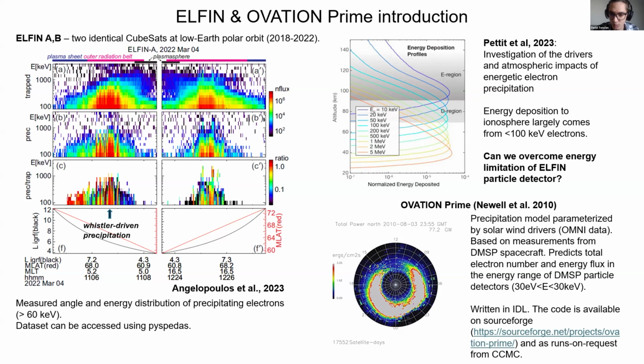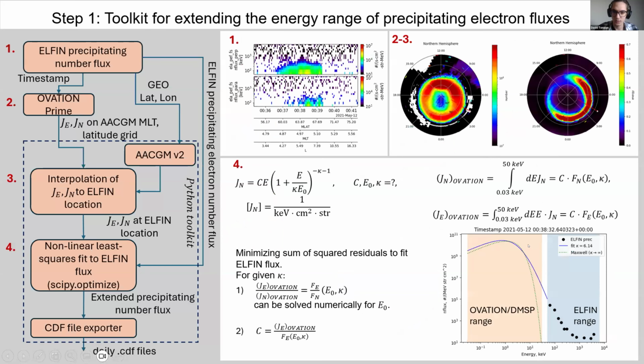So we separate this project into 2 parts. First part is actually creating this Python toolkit, separately from PySpeedus, that will allow us to extend this energy range of precipitating electron fluxes. So, sorry for this very rough flowchart on the left, but assuming we provide some Elfin precipitation number fluxes with timestamps to the Salvation Prime model, we get Salvation Prime results in terms of magnetic local time and latitude location.